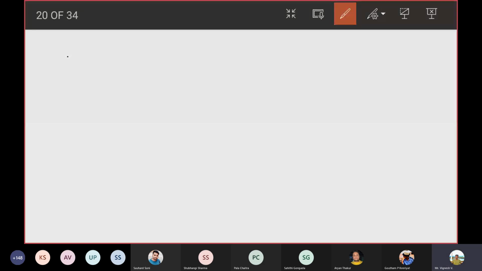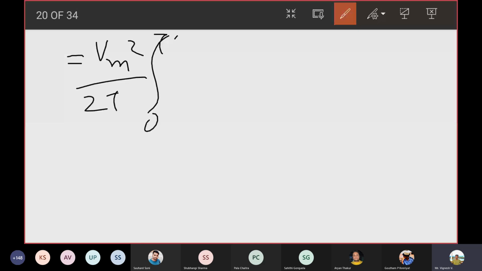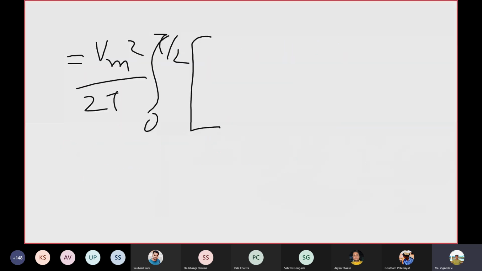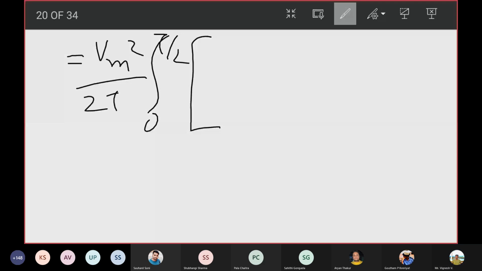Okay, so you end up getting Vm square by 2T, integral 0 to T by 2, because I took the 2 outside. 1 minus cos 2x by 2, I've taken this 2 outside, okay? So you end up getting 1 minus cos 2 omega t dt.